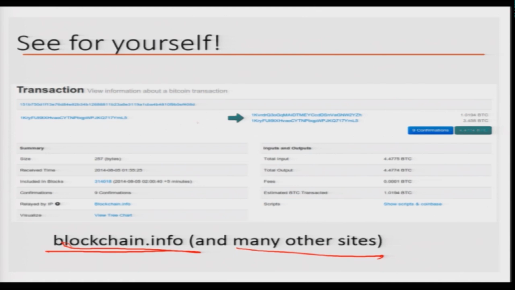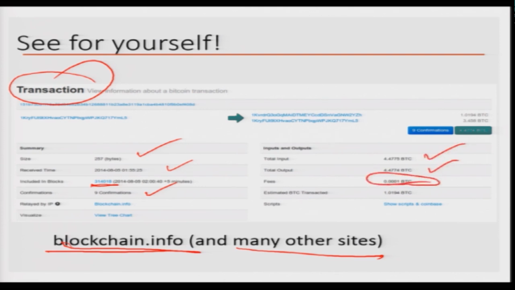This is about one particular transaction, and it shows the size, the receive time, which block number it was added to, how many confirmations it has, and then you can see the tree chart, and also input amounts and output amounts. There is a 0.0001 transaction fee given in this transaction, and how many bitcoins were transacted, this kind of information. You can browse this kind of information by going to blockchain.info to get yourself some familiarity with this.